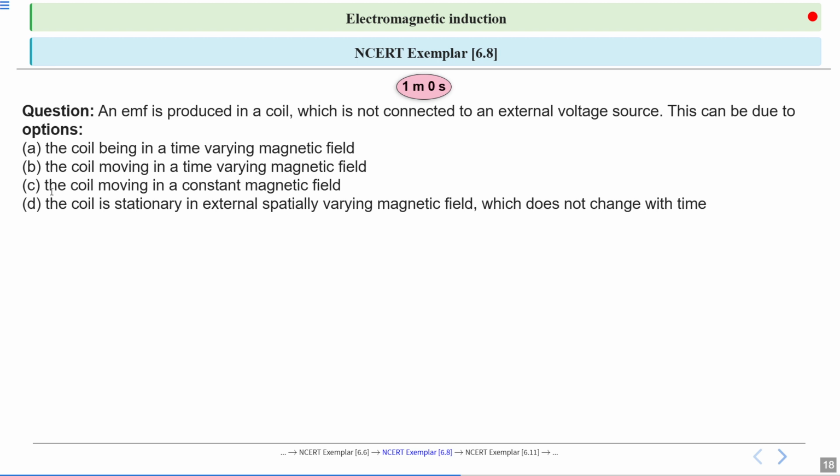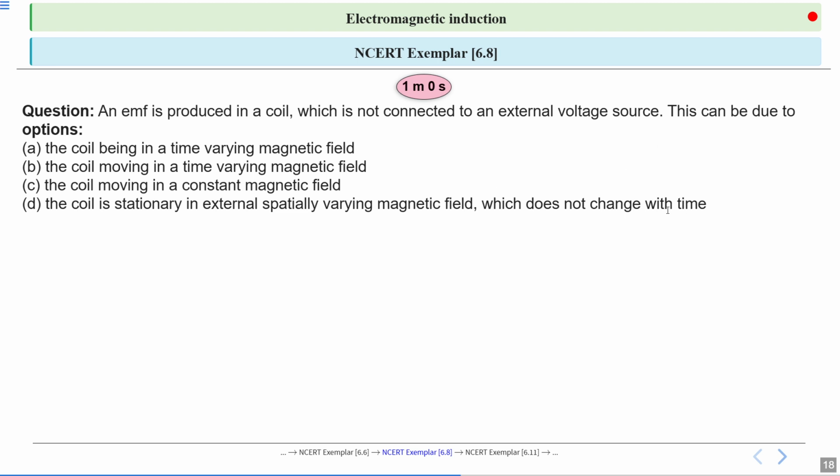So in the last option there is a magnetic field which is not varying with time, but it is varying spatially. That means it is varying with the position. If we are here, the magnetic field will have some value; if we move from one point to another point, the magnetic field will change.